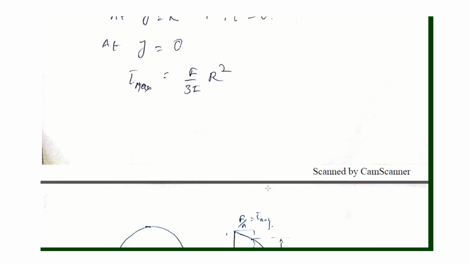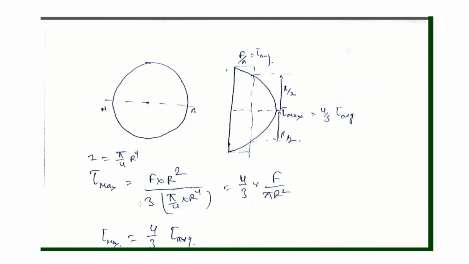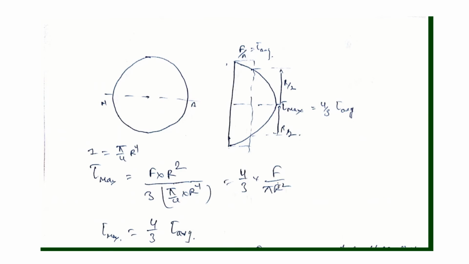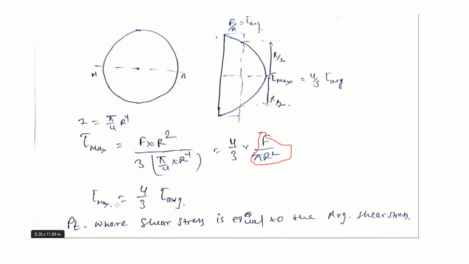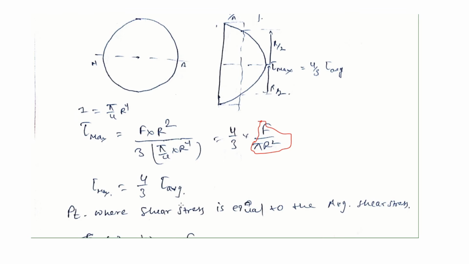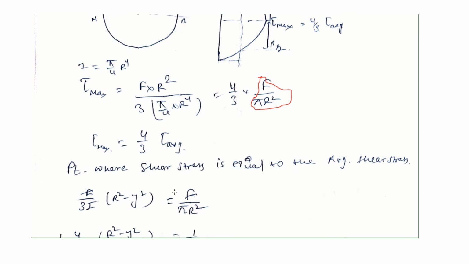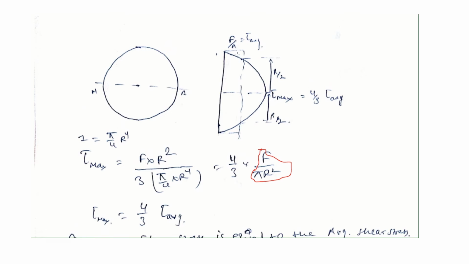Here we put the I value, pi by 4 r to the power 4, so we get 4 by 3 into F by pi r square. Here F by pi r square is tau average, which is force divided by the cross-sectional area of this section. So tau max equals 4 by 3 tau average.